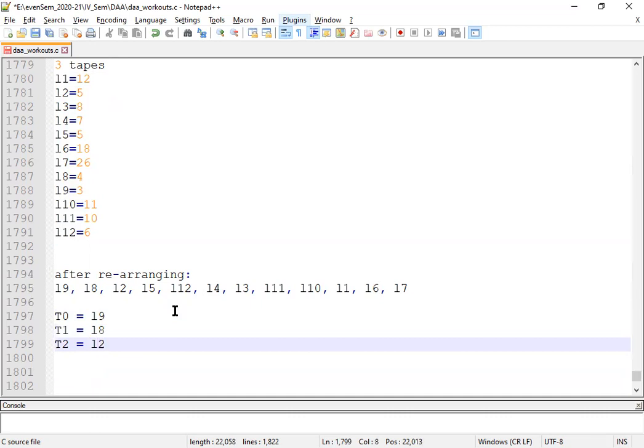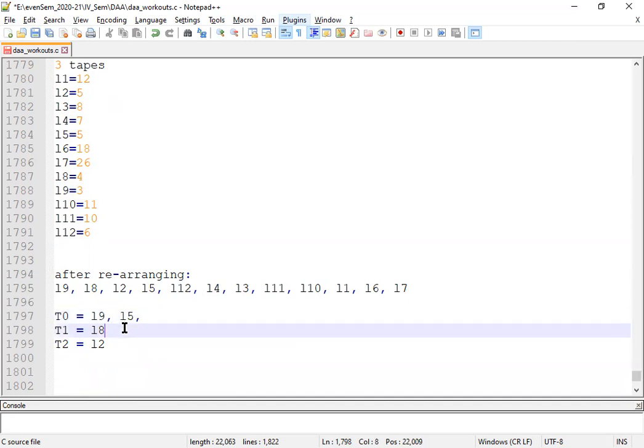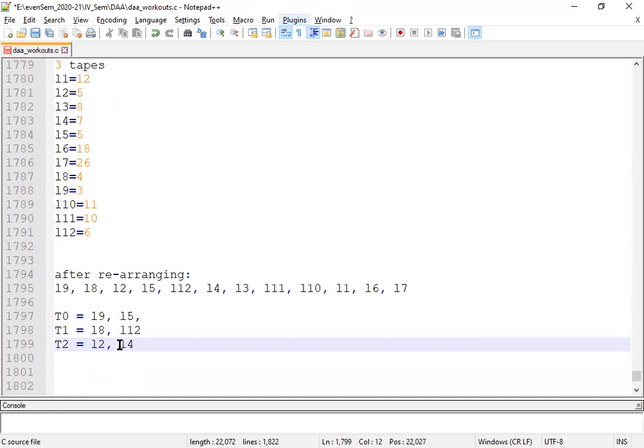So L2 will be here. Then L5. We have stored one program on each of the 3 tapes. The fourth one we will come back and store on the first tape again. So here we get L5, right? And then the next one, L12, then L4.